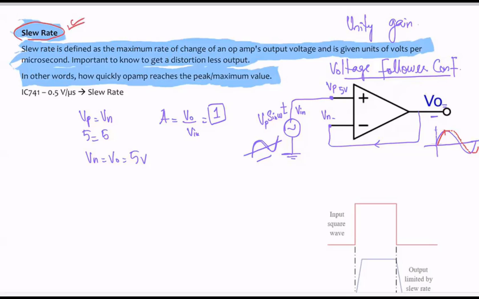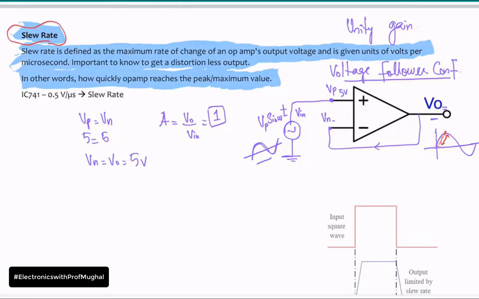And remember, when you have this input here, the output will slowly increase, and once it reaches this maximum value, the amount of time it took from here to get to the maximum value, that's what we refer to as a slew rate. So how quickly the op-amp reaches the peak or maximum value.